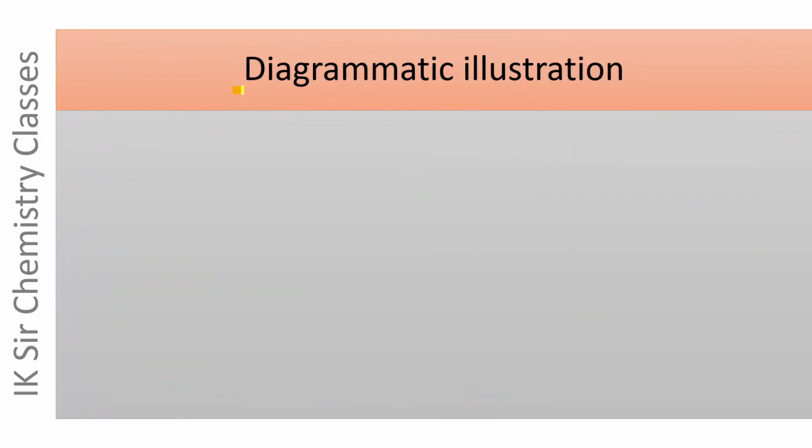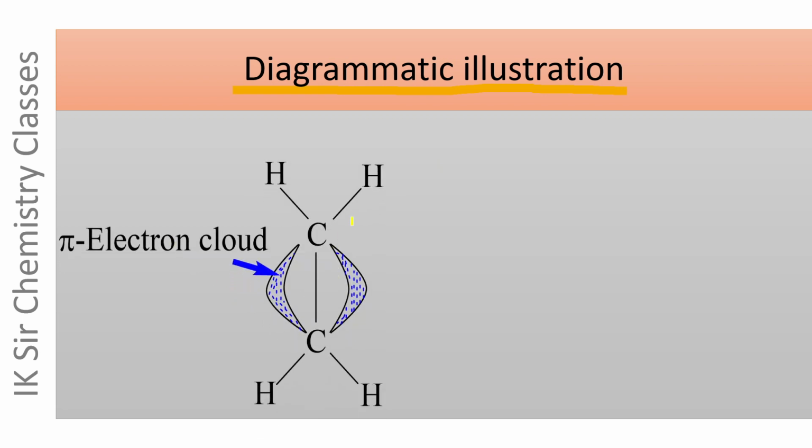Diagrammatic representation of reluctance of free alkene molecule towards nucleophilic attack. This is a free ethylene molecule. It contains pi electron cloud on both sides of the molecular plane.